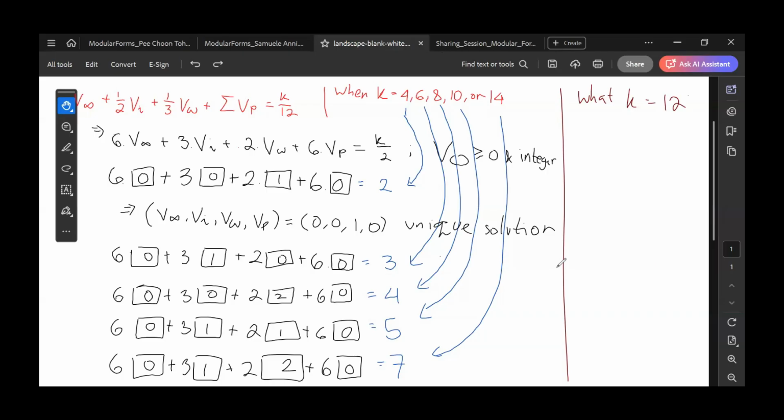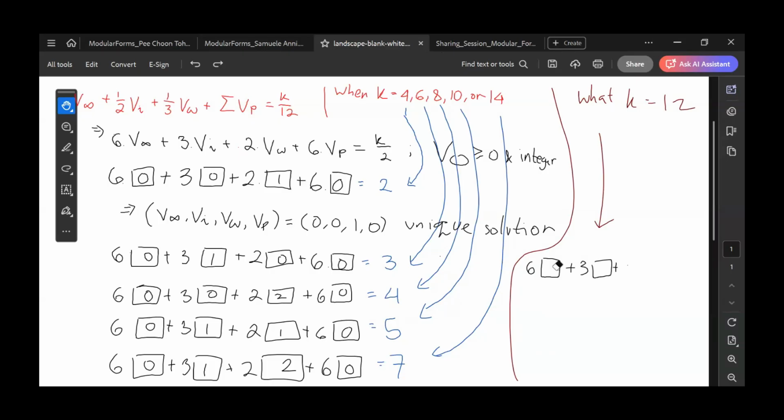If k is equal to 12, it means we want 6 times something plus 3 times something plus 2 times something plus 6 times something to be equal to 6, sorry.